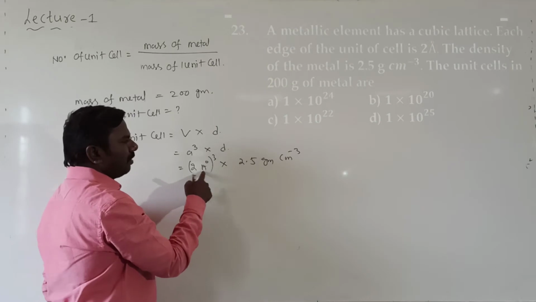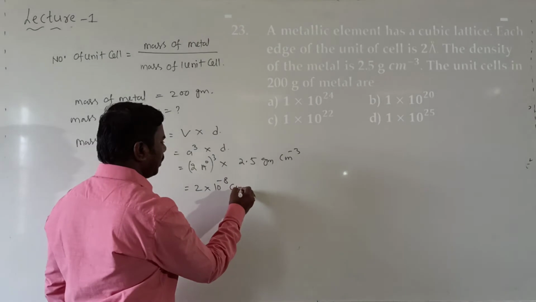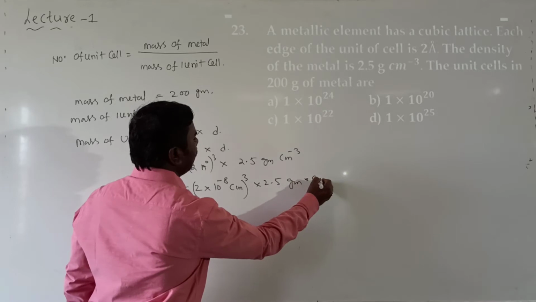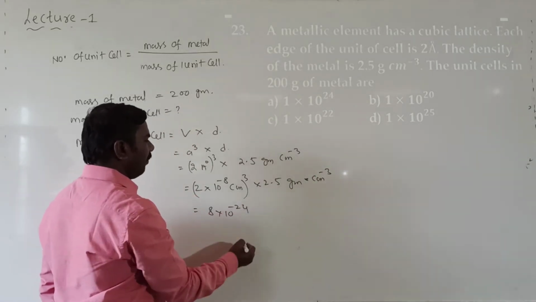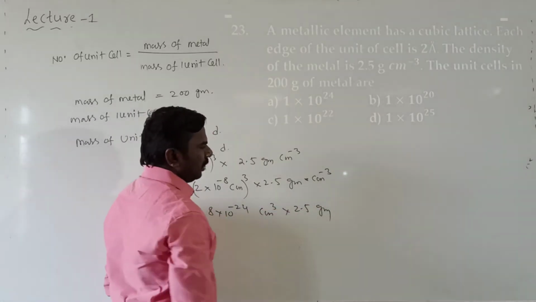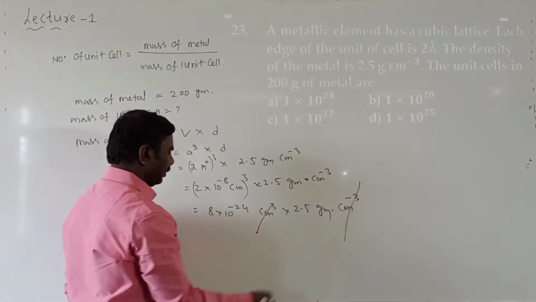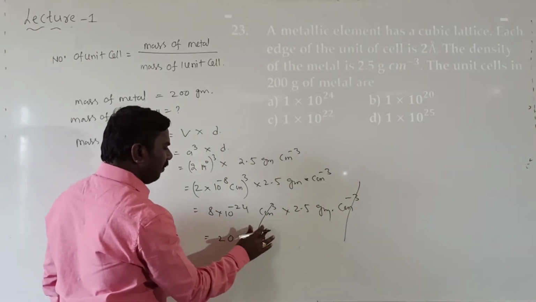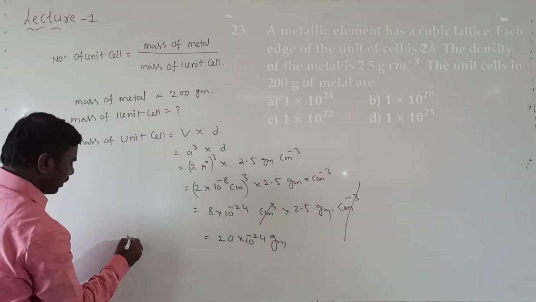This is also converted into centimeters. 1 angstrom unit is equal to 10 to the power of minus 8 centimeters, whole cube, into 2.5 grams per centimeter cube. It becomes 8 into 10 to the power of minus 24 centimeter cube into 2.5 grams per centimeter cube. This will be cancelled. If you solve this, you will get 20 into 10 to the power of minus 24 grams, the mass of one unit cell.